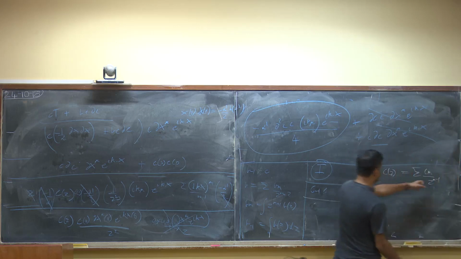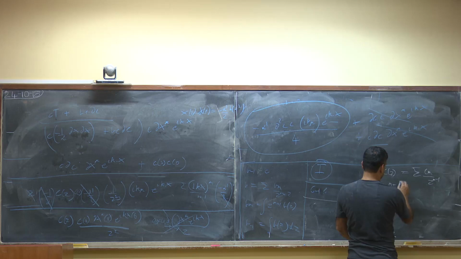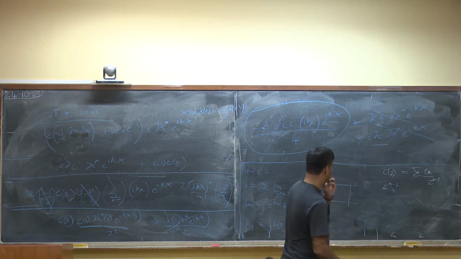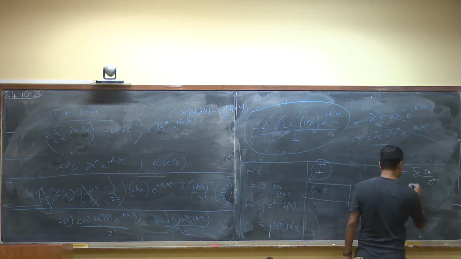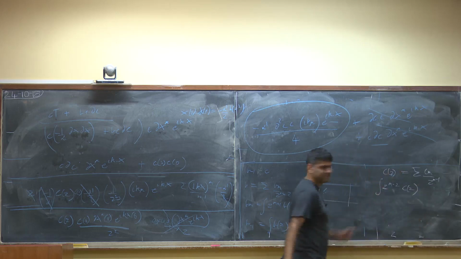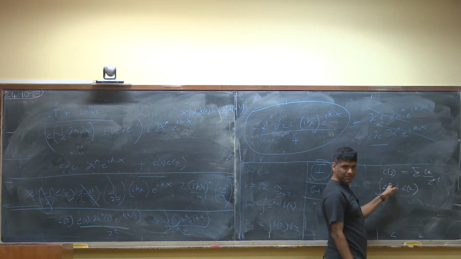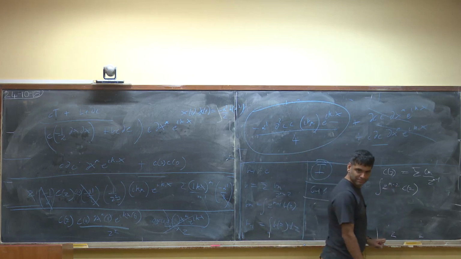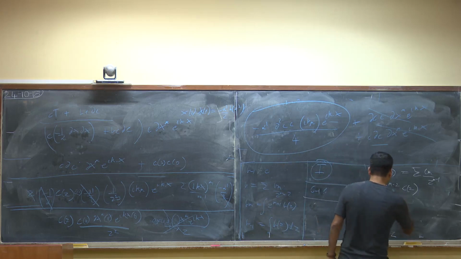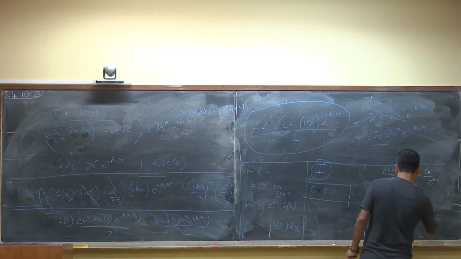If we want to pick up Cm, we want to multiply by Z to the power m minus 2, and C minus 1 is therefore the integral of 1 by Z cubed times C of Z dz.